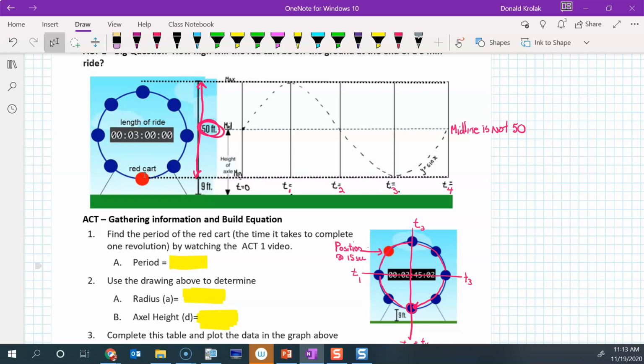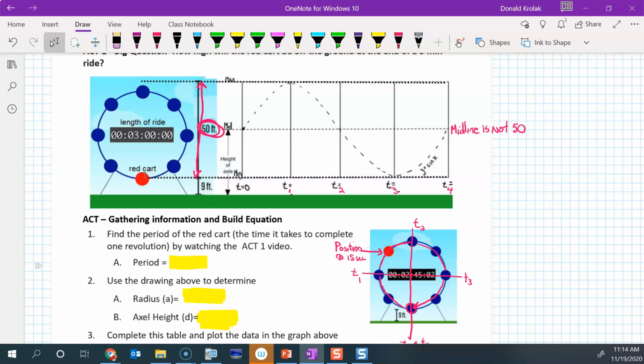This is 9. Now you've got to figure out what's halfway between, and that is going to be the midpoint. Yeah, the drawing was kind of rushed when I made it. So the midline, up to here is 9, and this would be 59. This is 9, and then the midline would be halfway between those two.